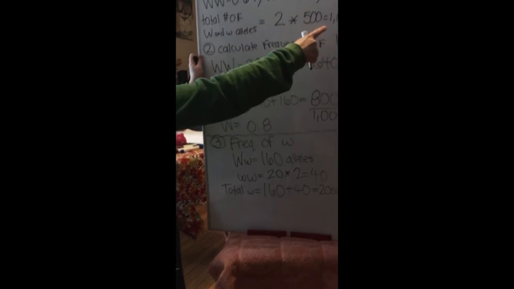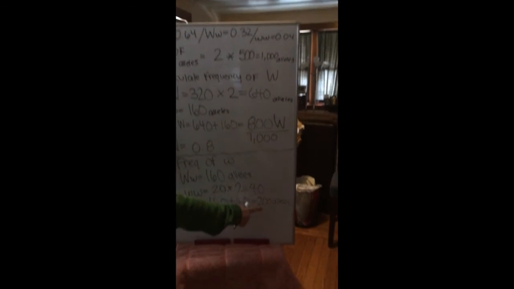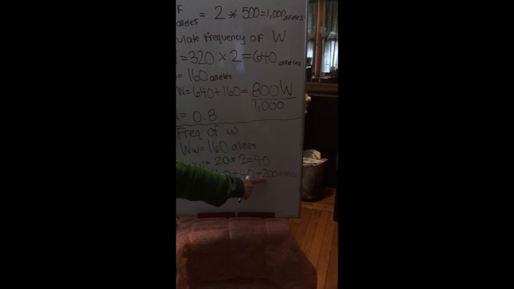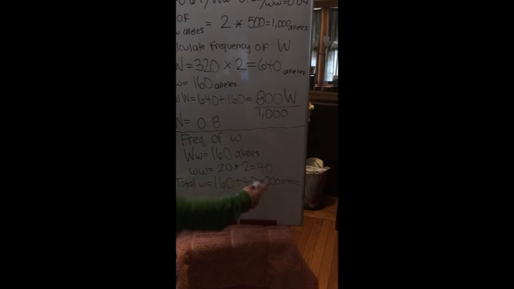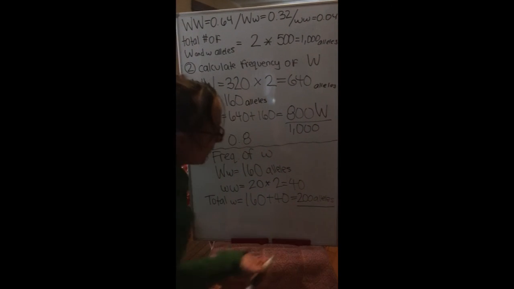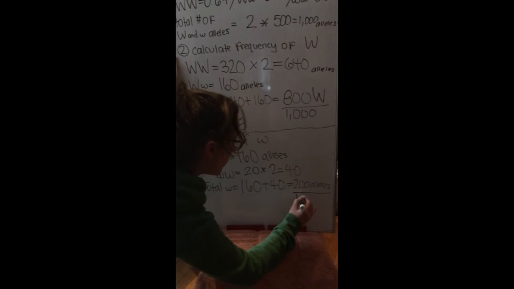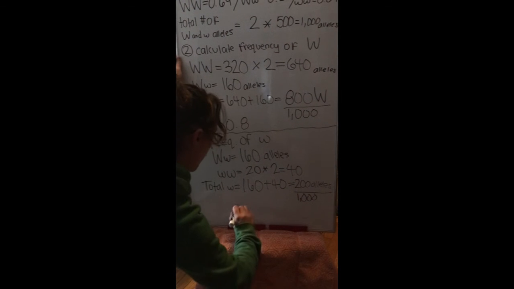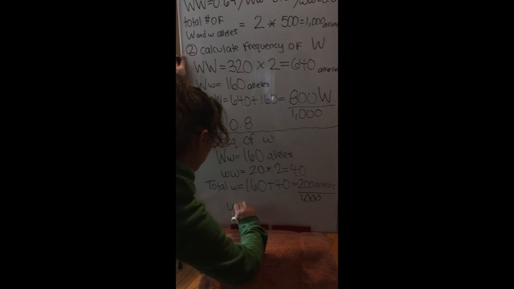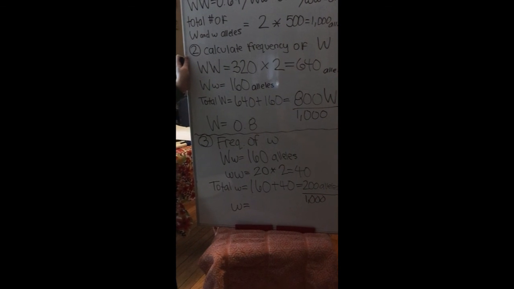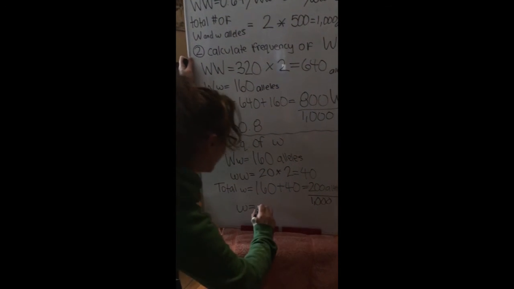So out of those total 1,000 alleles, 200 of them are the recessive allele. To know the frequency of the recessive allele, we'll do the exact same thing. We'll divide 200 divided by 1,000. And so the frequency of my recessive allele then is 0.2.